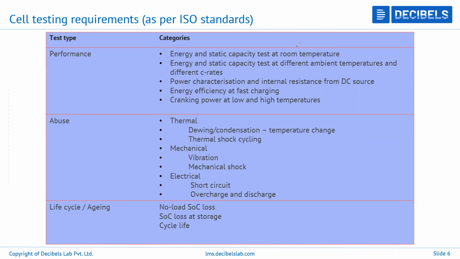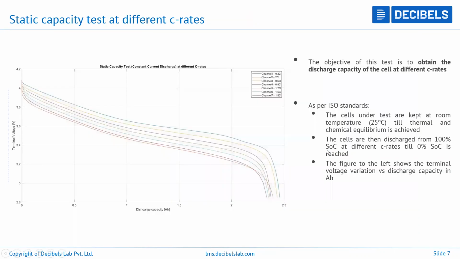So we will now take a look at the first one. The first one is the static capacity test at different C rates. What that means is that a particular cell will first be kept at a room temperature of 25 degrees Celsius, right? It is so that there is no disturbance inside the cell, and that it achieves both thermal and chemical equilibrium.